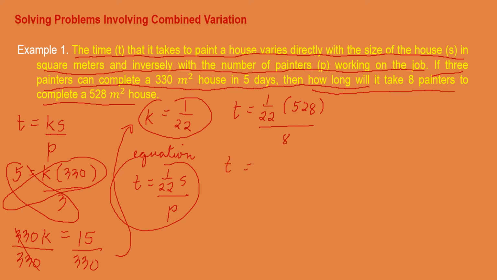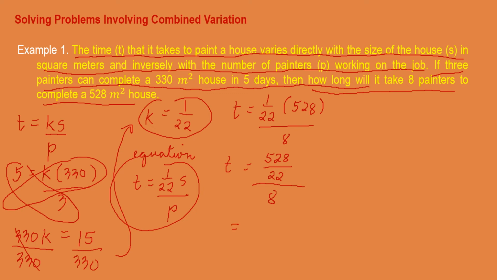So what is 1 over 22 times 528? That is the same as 528 over 22 over 8. So it's like saying 528 over 22 divided by 8.